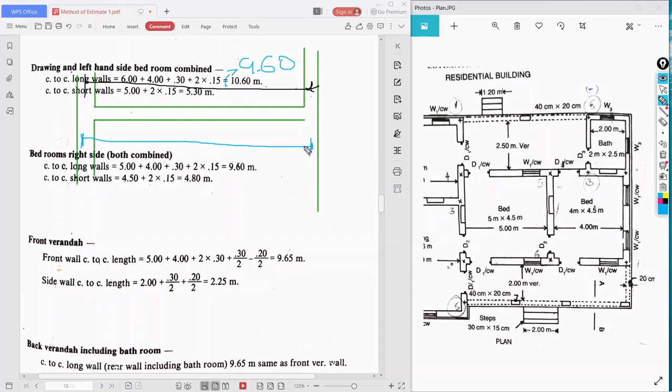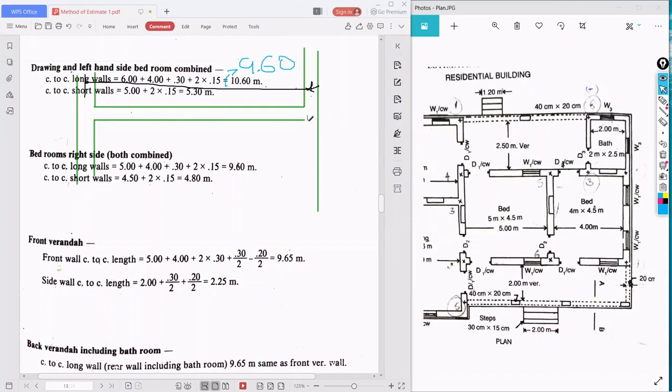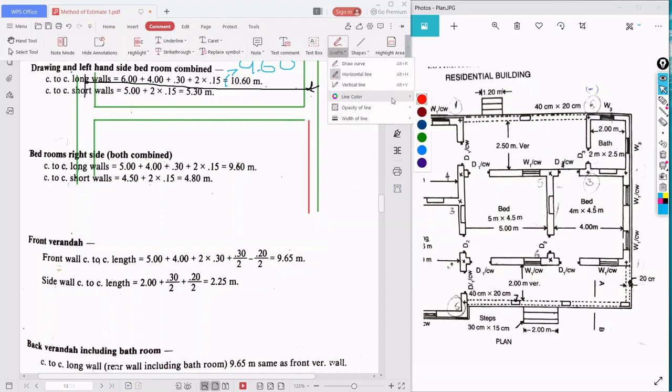But before that, I'll draw the 20 centimeter wall. For example, you take this as the 20 centimeter wall.